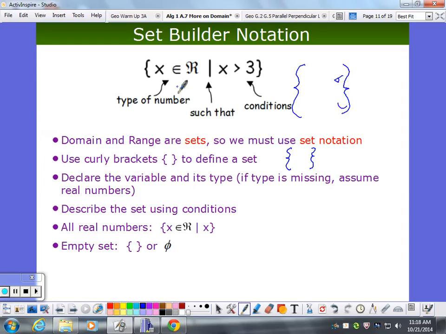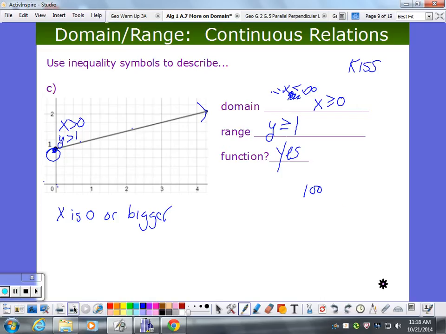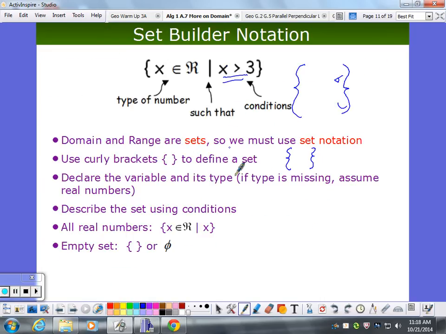So you make them. This here, see there's a little line here separating it? This condition is the thing that we've been doing. That is this thing, and that is this thing. So once you figure out the inequality that works, that goes here. This part here is like a declaration, and it's where you say, okay, I'm talking about x.